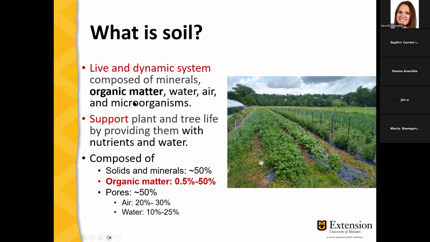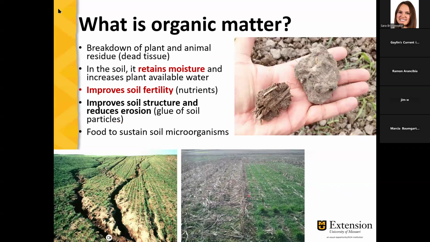Remember, we're going to talk about organic matter to get into compost. So what is organic matter? Organic matter is the breakdown of plant and animal residue, so it's dead tissue. One of the main uses of organic matter in the soil is to retain moisture.